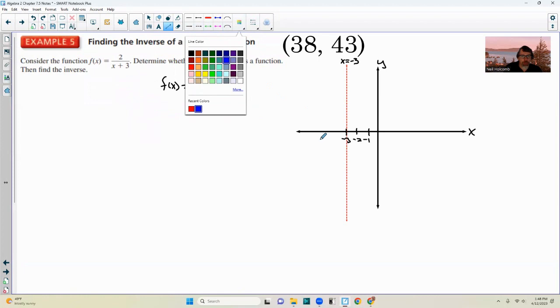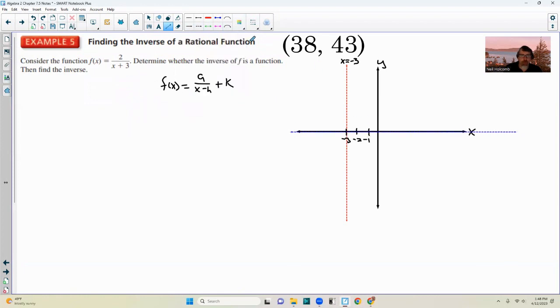Make it blue. And that is right here. You won't be able to see it unless you go beyond the ends because my axis is thicker. So let's just put that right there. And I'm going to label that y equals 0. So there is my horizontal and my vertical asymptotes.